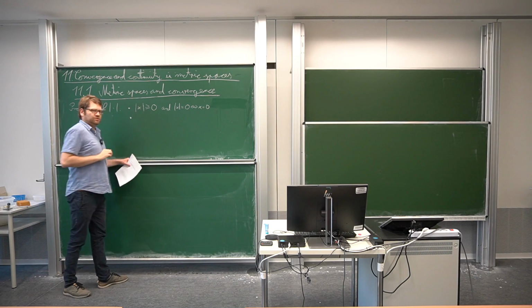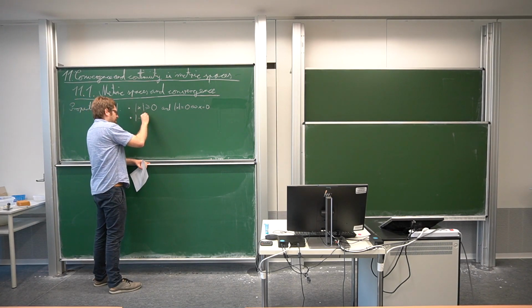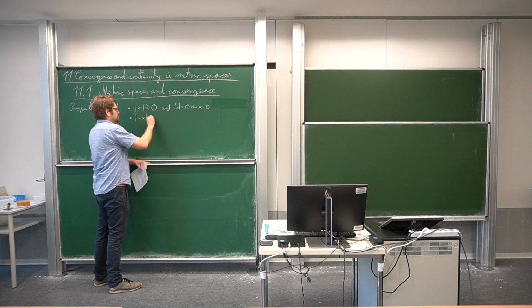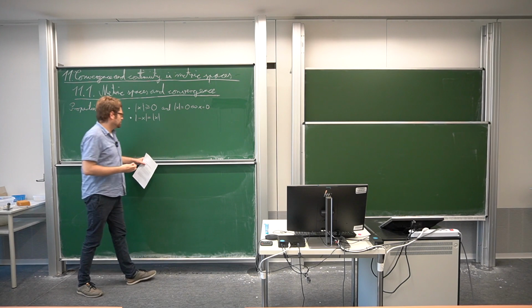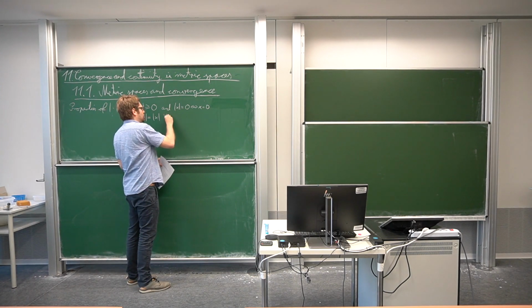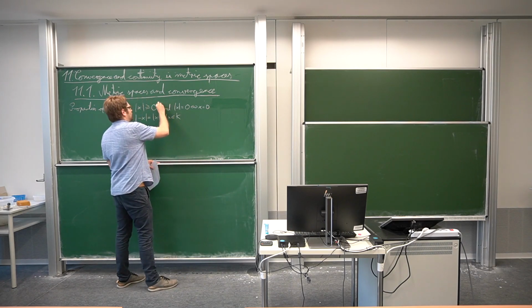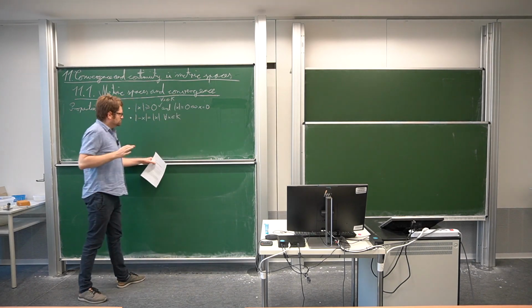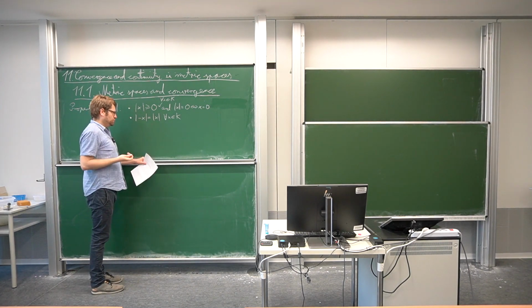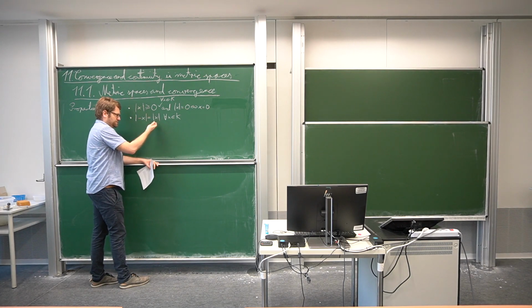Secondly, something we also needed, and that's important, is that the absolute value of minus x, if we just take a minus in front, is the same as the absolute value of x. This is easy to see, so obvious, for all x in K. Here K is now the real or the complex numbers, or more generally any field with an absolute value. But in the real or the complex numbers, we have this absolute value, and so this always holds.